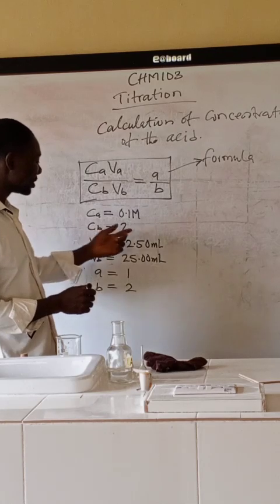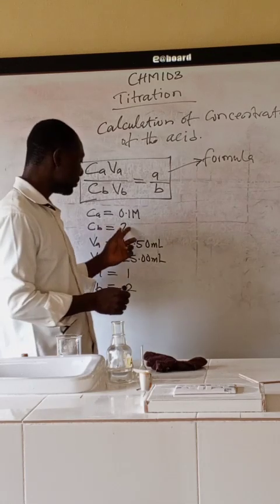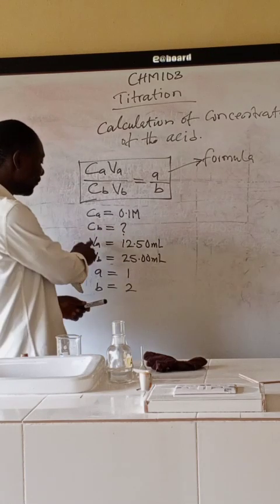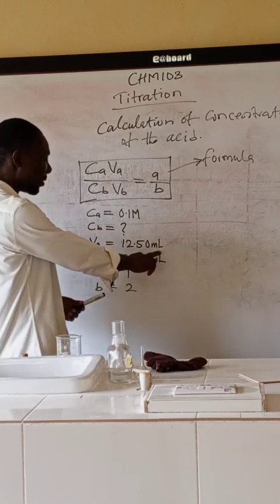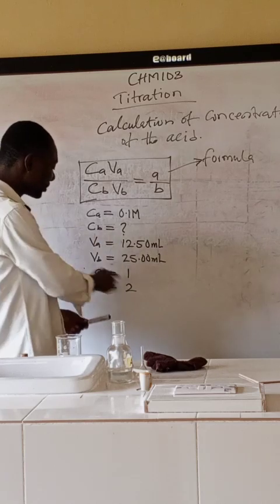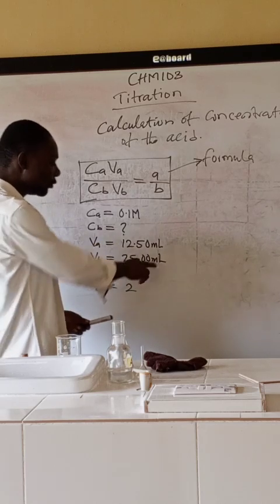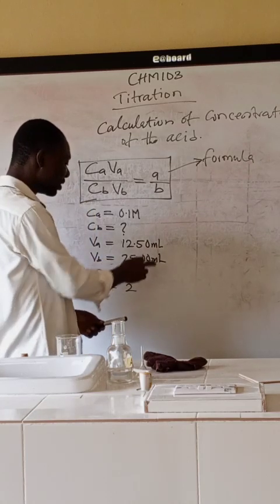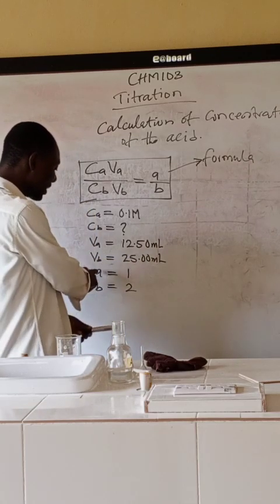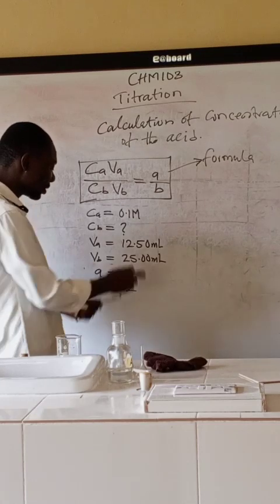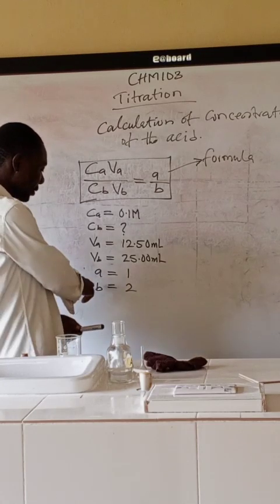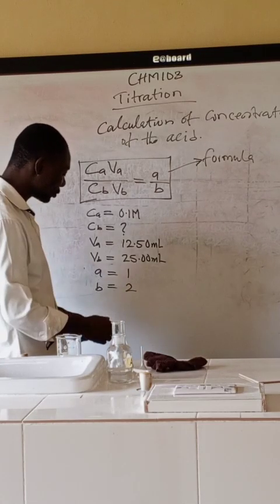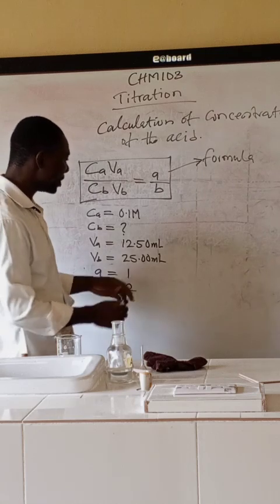So Cb, the concentration of the base, is unknown. Va is our titre volume, the average titre volume. Vb is the volume of the pipette, the base we measured, 25.00 ml. Then A is the mole ratio of the acid. B is the mole ratio of the base.